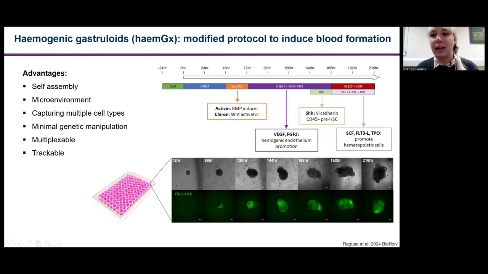And then in the very last 2 days, we add a cytokine cocktail of standard SCF, FLT3 ligand, and TPO, which are stimulating factors for hematopoietic cells. So with this setup, we were able to induce cells from the embryonic stem cell stage into a self-assembling model of embryonic blood formation.